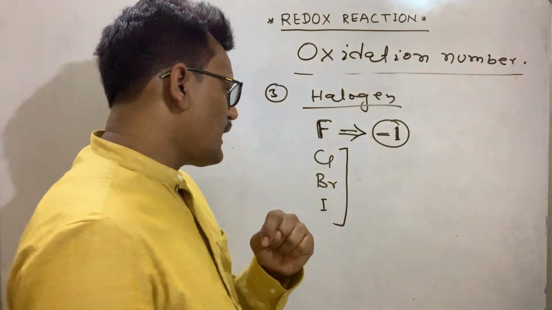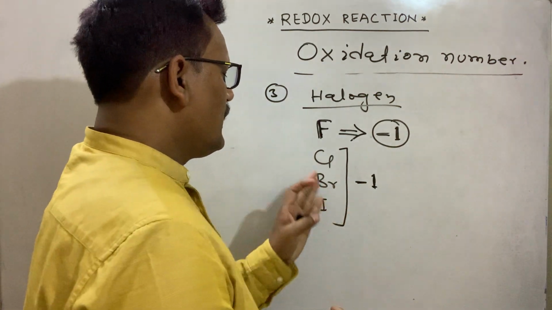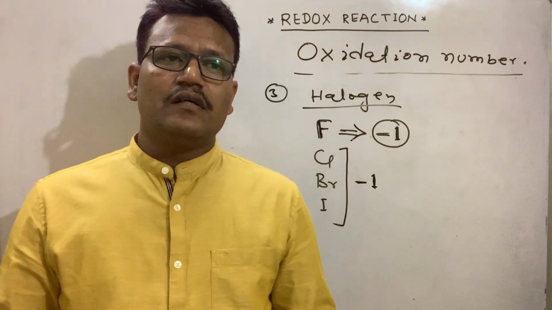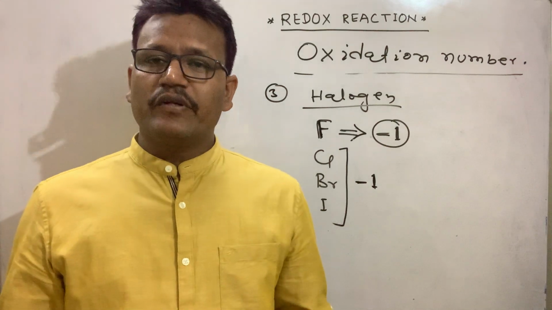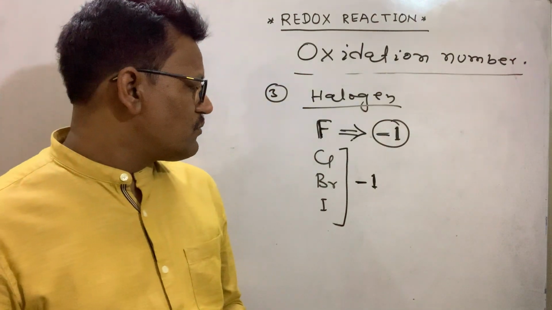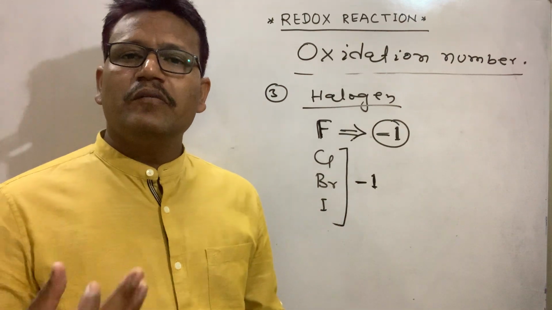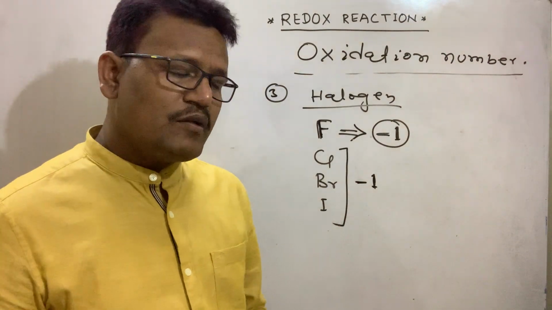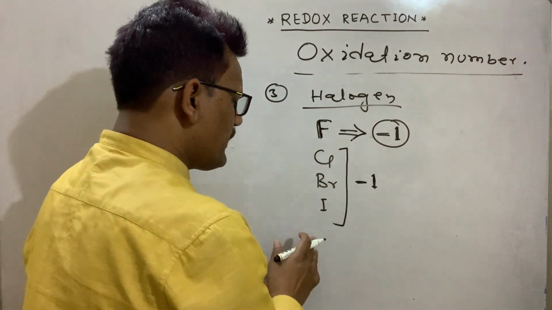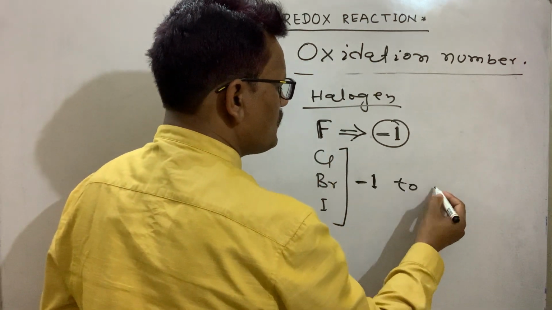So in case of halide, its oxidation number will be -1, and if chlorine combines with a more electronegative element like fluorine or oxygen, its oxidation state will be positive. So chlorine, bromine, and iodine show oxidation numbers from -1 to +7.